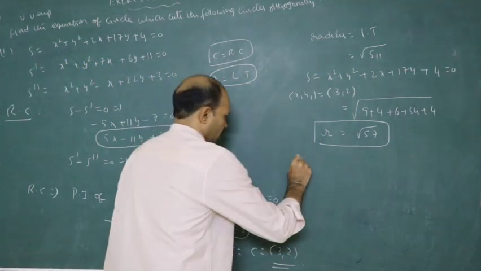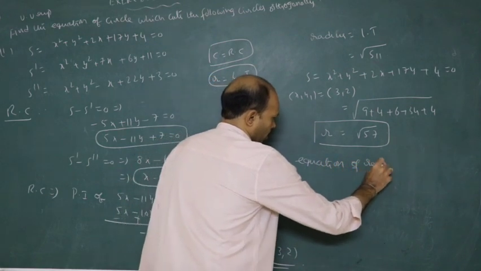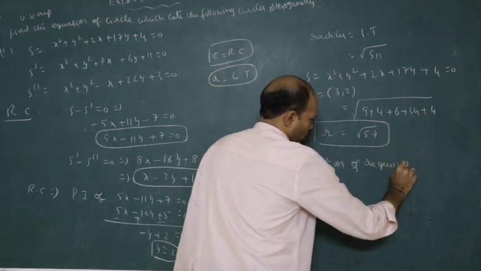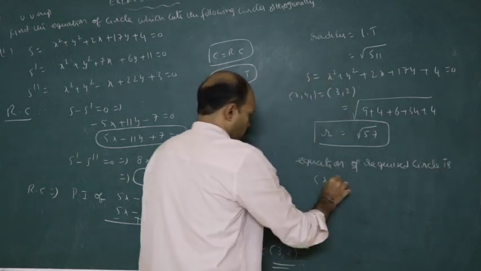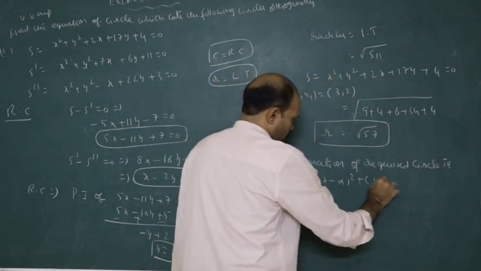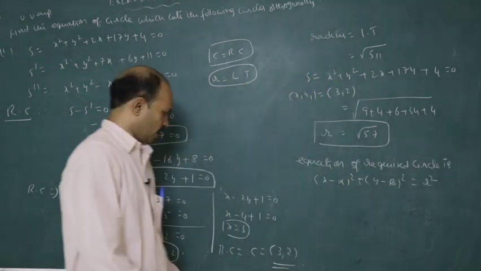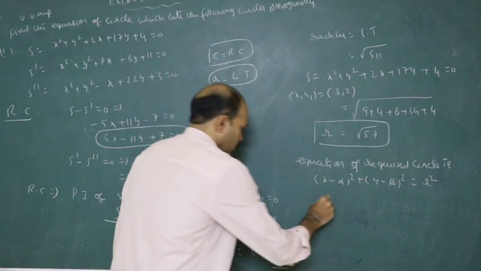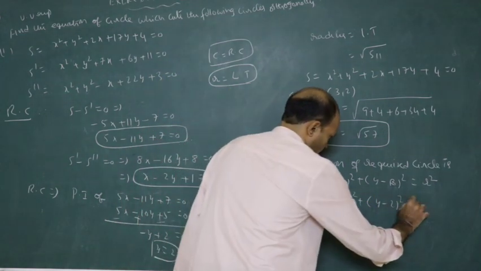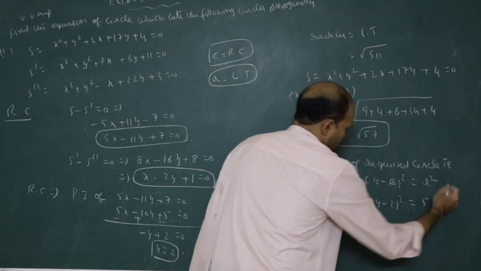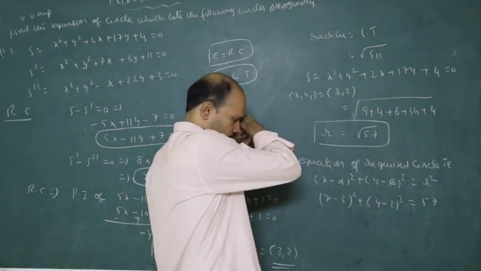Equation of the required circle is x minus alpha whole square plus y minus beta whole square is equal to r square. That is x minus 3 whole square plus y minus 2 whole square equals r square, which is 57. You may leave it like that or do the calculation.